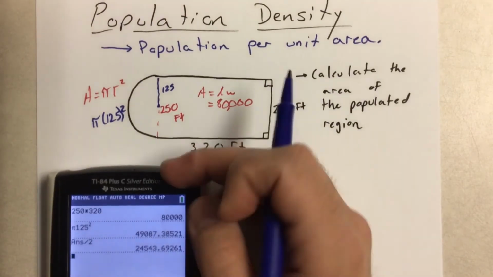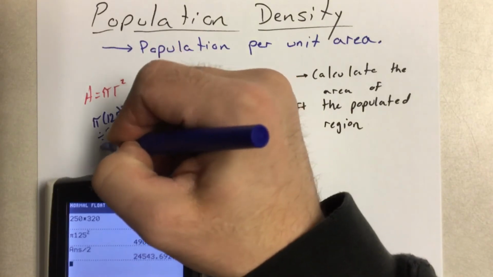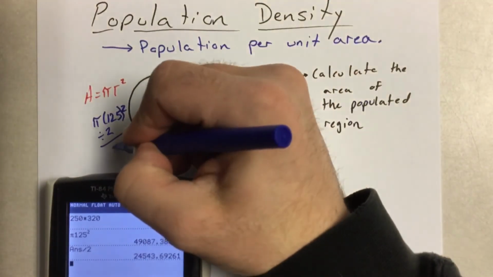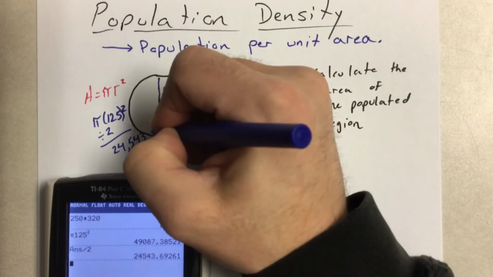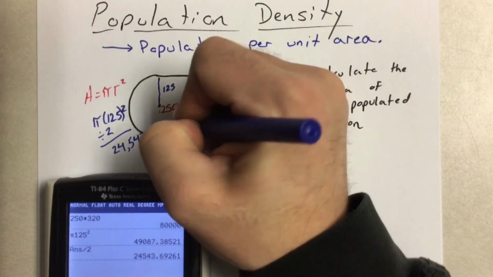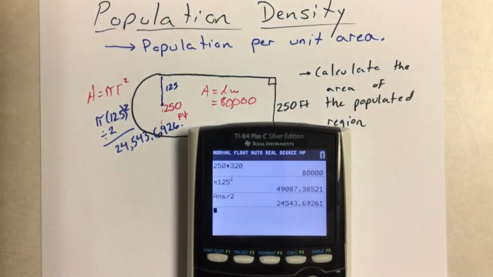So 24,543. We're going to divide this by 2, which gives us 24,543.6926. Okay, area of both regions. Now we just combine the two.